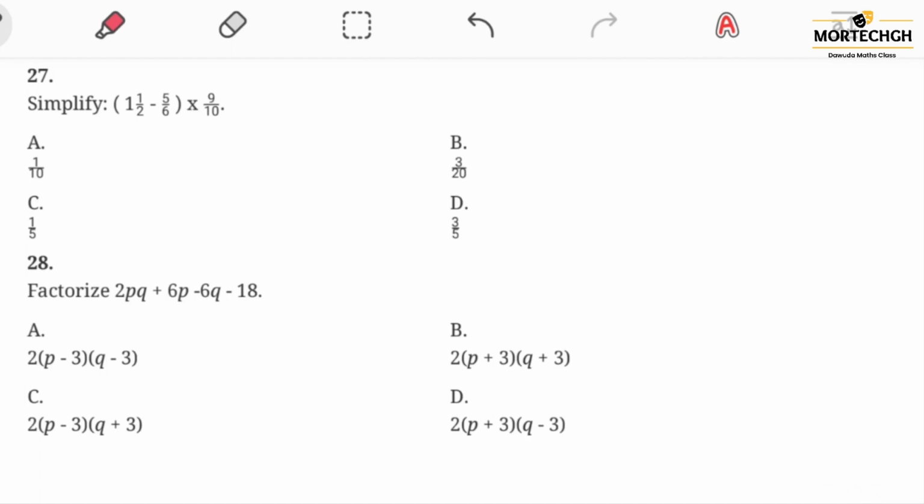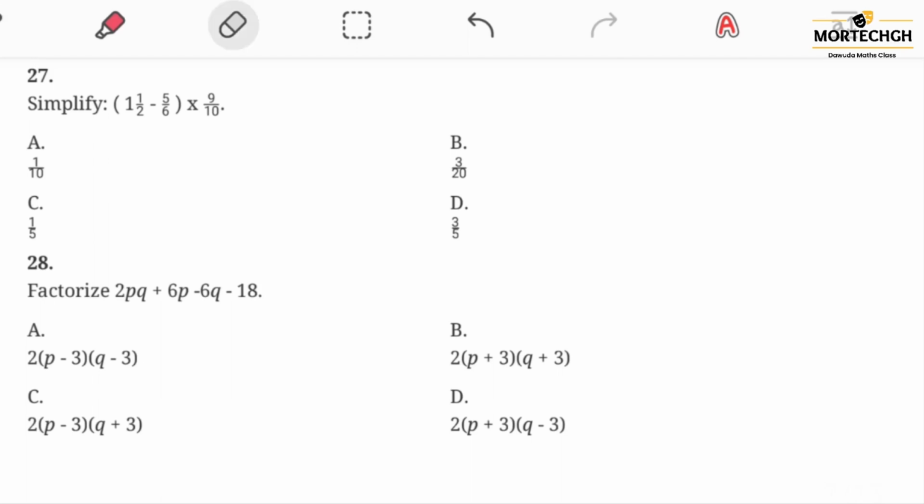To solve a question like this, you first have to convert the mixed fraction to an improper fraction, depending on how the mixed fraction is written.